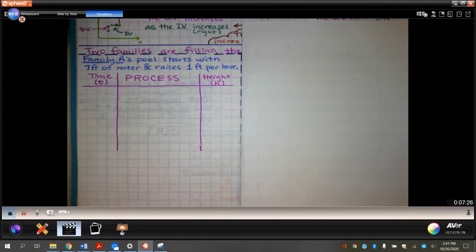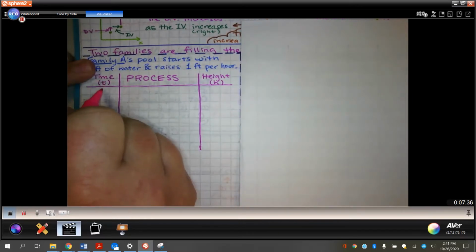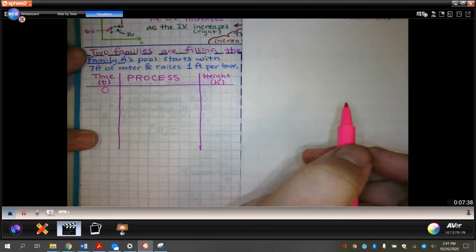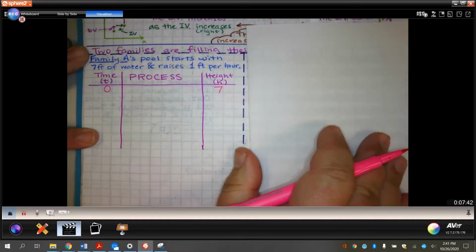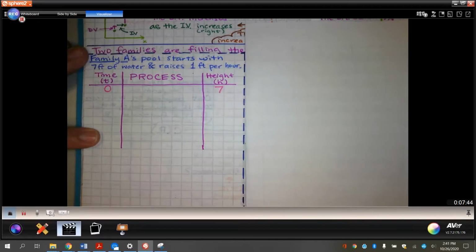All right, so here we go. We start with time. So we know that at no time passing, it's already 7 feet full of water. We don't know if they never emptied it all the way or if they filled it a while ago and never finished or whatever.